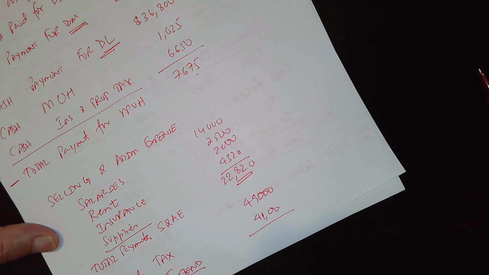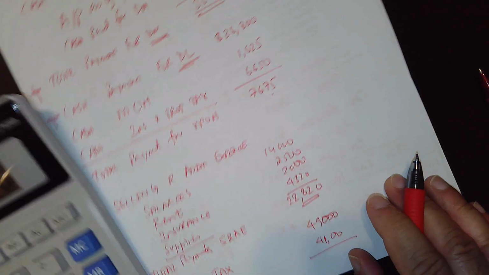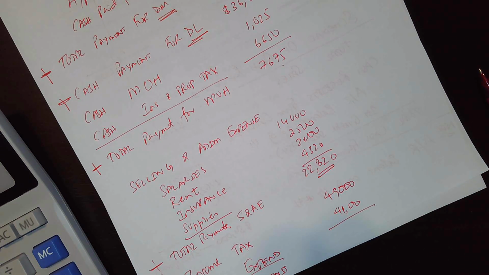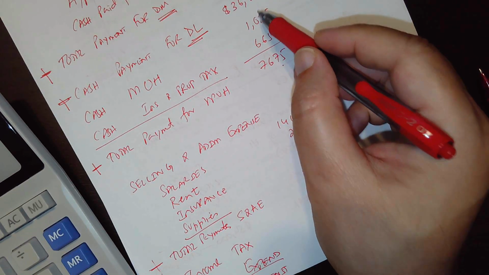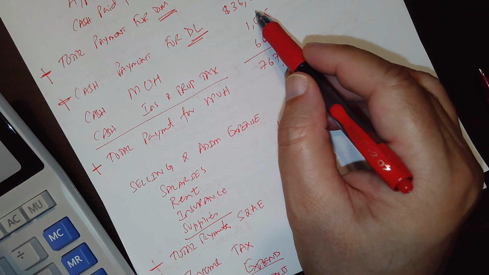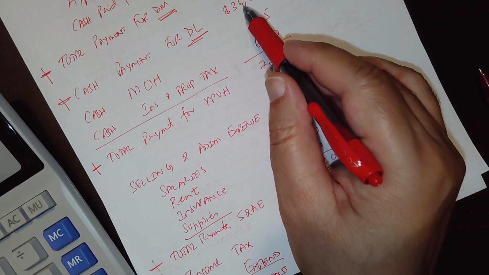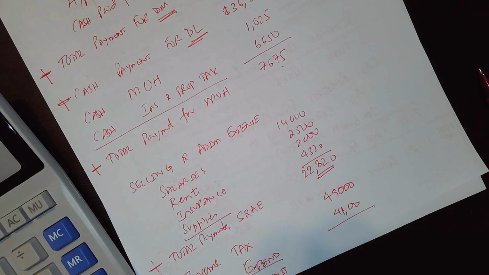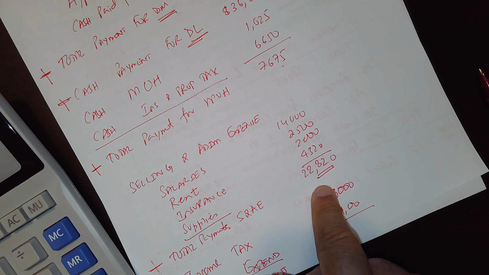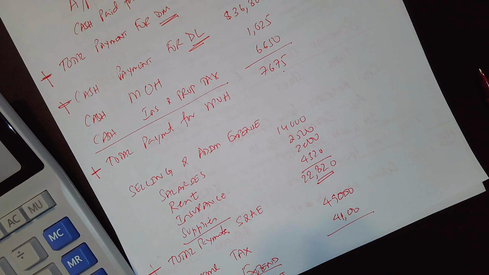If I add these things, that would be 36,800 direct material plus direct labor of 36,800 plus overhead 7,675, then selling and administrative 22,820, then 49,000 and 41,000.